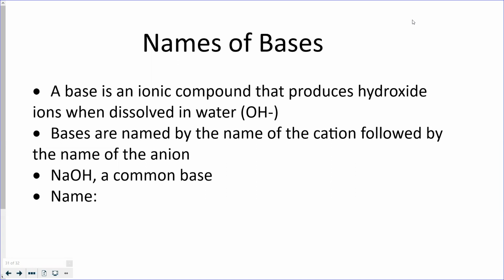So for example, NaOH is a very common base. Na is sodium. OH is hydroxide. So we don't have to do anything special to that name. It's just like ionic compounds that we were naming last week.